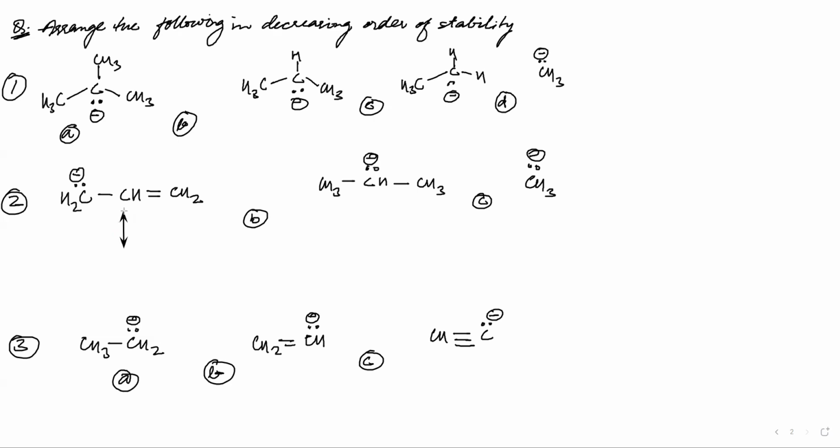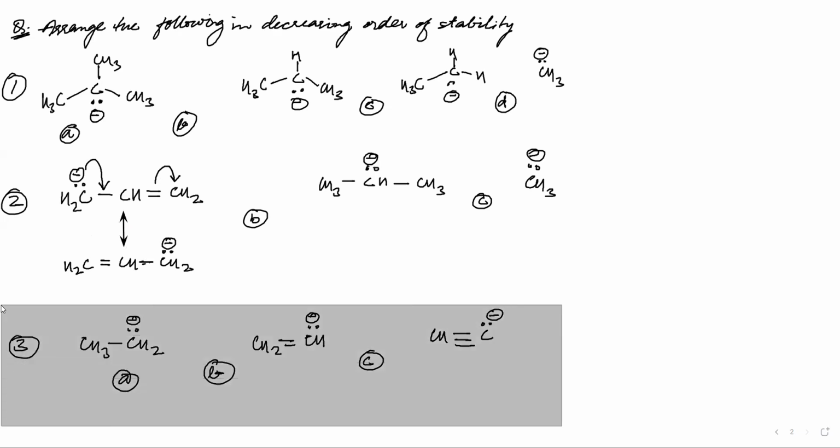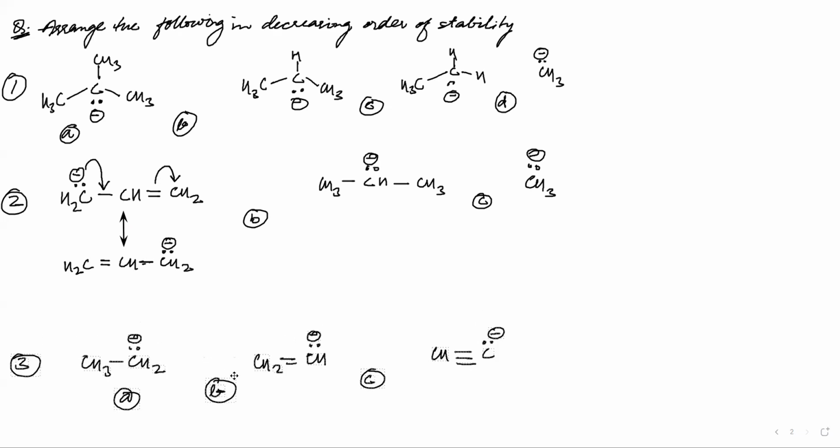If you see resonance, then I can write a resonating structure like this: H2C double bond CH single bond CH2 with a lone pair and negative charge, correct? Also, the resonance structure is not the real structure, right?